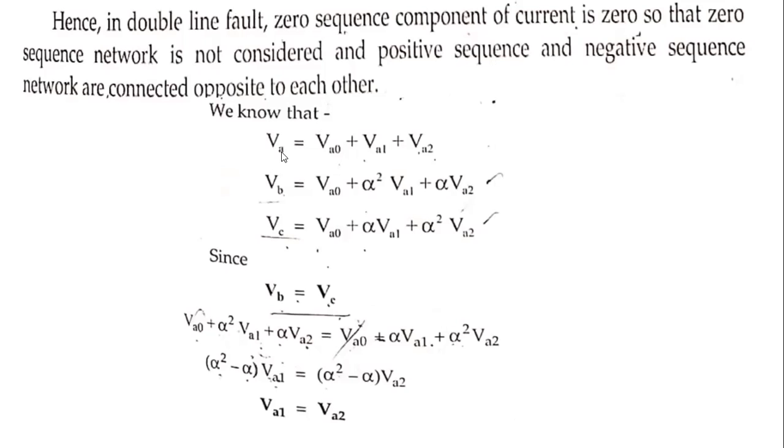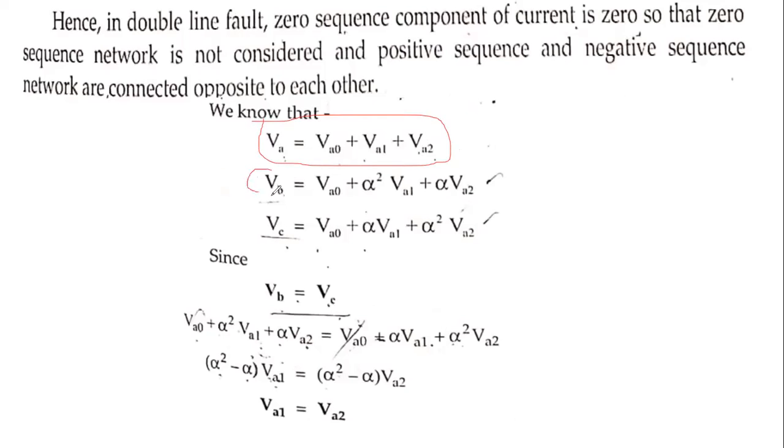We know the formulas for VA, VB, and VC. VA is equal to VA0 plus VA1 plus VA2. This is the voltage at phase A: the zero sequence, positive sequence and negative sequence voltages at phase A.